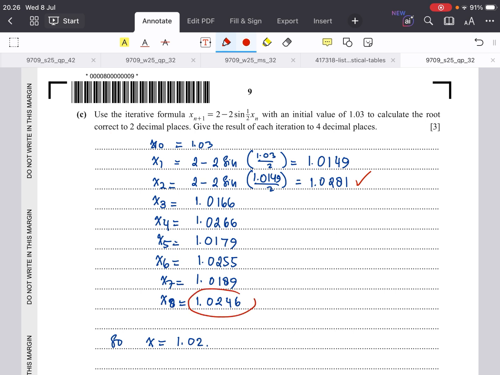So I stop here because x7, if we round it off to 2 decimal places, is 1.02. x8 is also 1.02 if we round it off to 2 decimal places. So we can conclude that the value of x is 1.02.